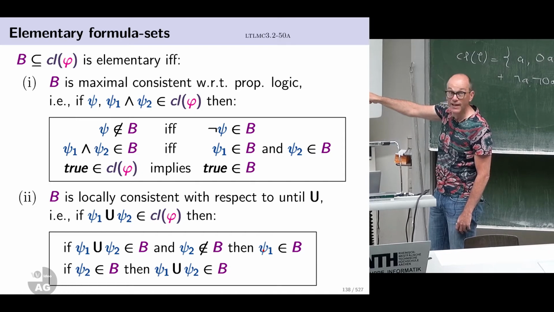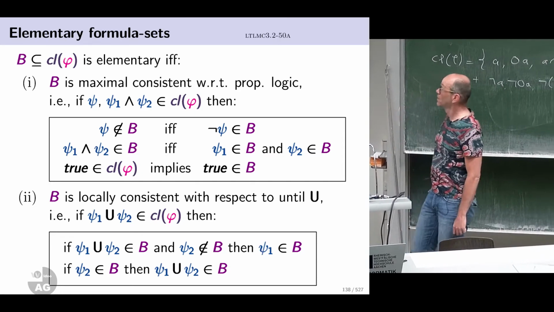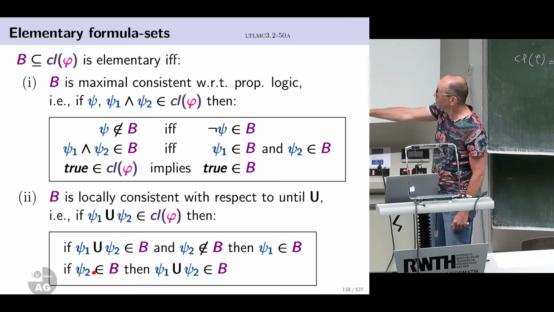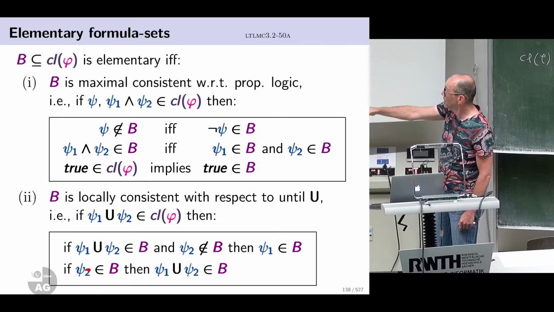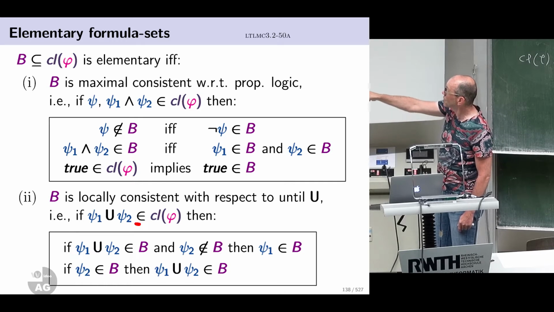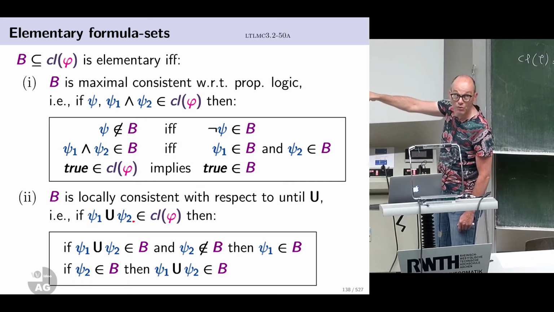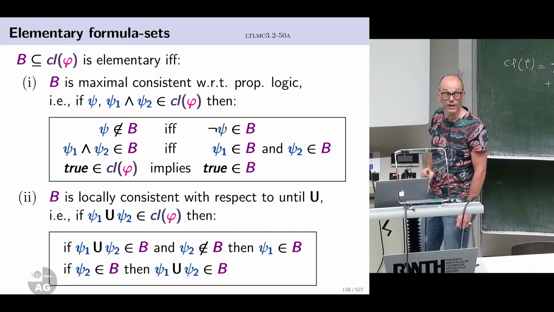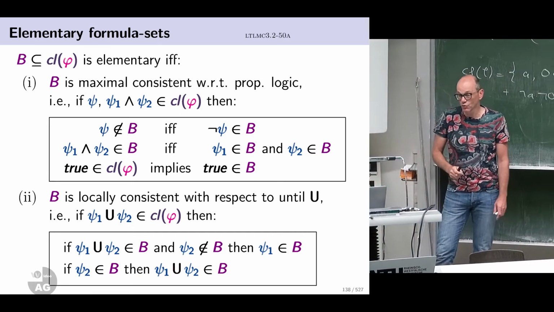So you should select psi1 there. So this is, again, an obligation. And the second one says if you have selected psi2, then it means that this until formula is vacuously true, and then the obligation is that you should also include the until formula into the set B.